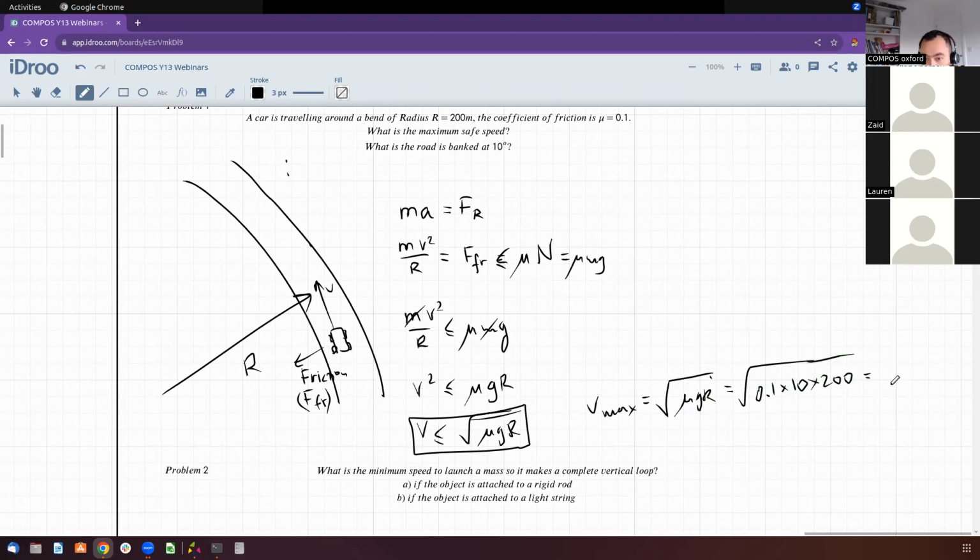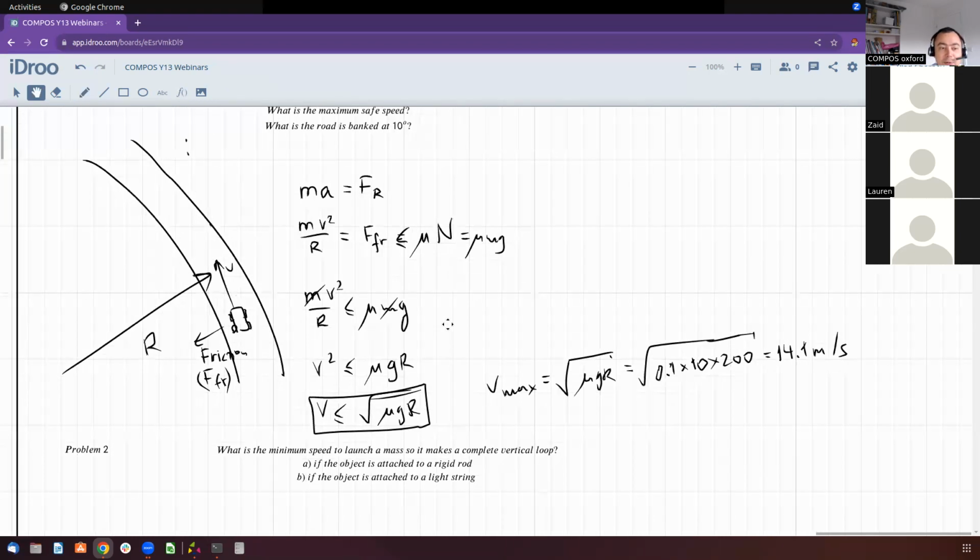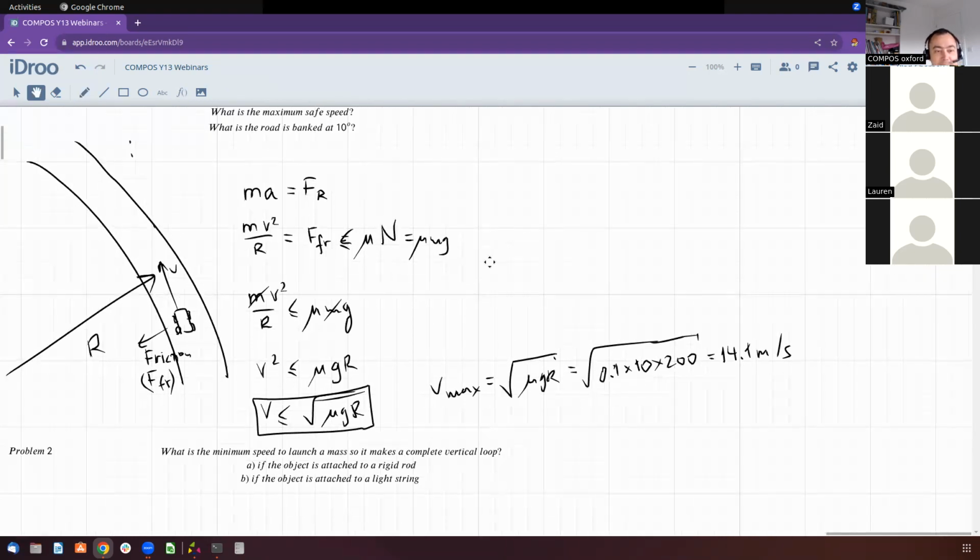The square root of 200 is about 14.1 meters a second, if my calculations are correct. Yeah, 14.1 meters per second. The square root of 200, that's about 14. Okay, so that's that. Now, this is with an unbanked road.